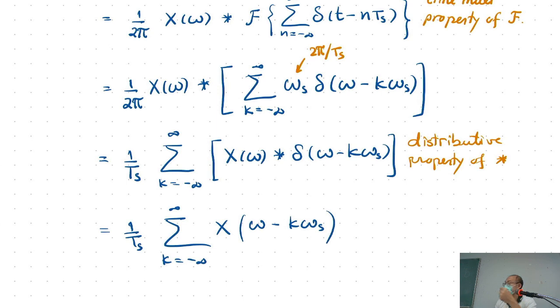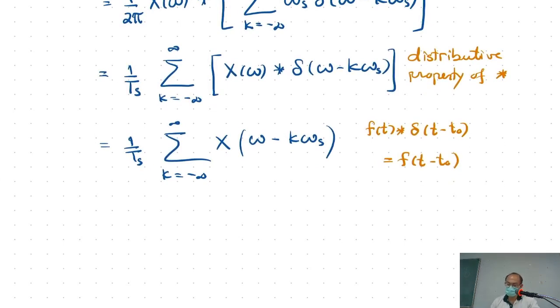Remember from chapter 2, we had any signal convolved with delta(t minus t0), the result will be f(t minus t0). This is from chapter 2.